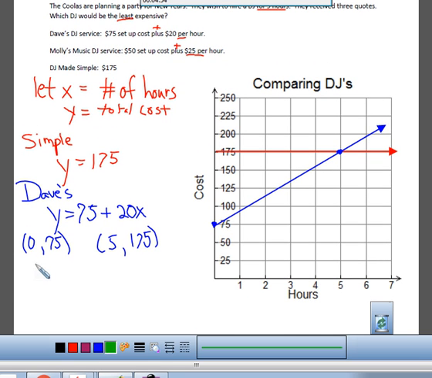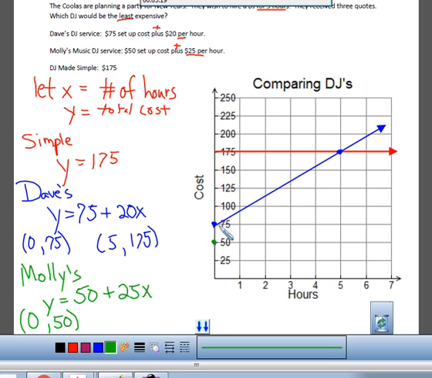Molly's. For Molly's, we have y equals, this time the setup cost is $50 plus 25 per hour, 25x. So at hour 0, Molly's is $50.